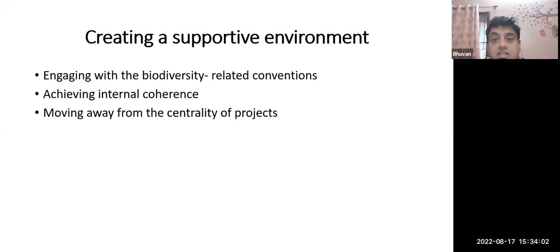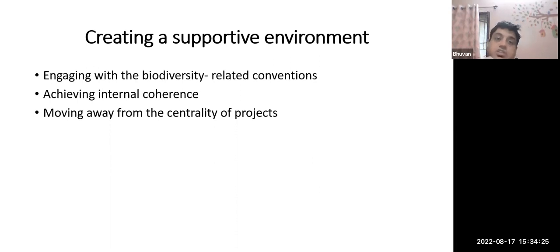So all the stakeholders and also the governments, if they want to conserve the agrobiodiversity, must engage with the biodiversity related conventions, and they must formulate such policies which are abiding with these conventions.